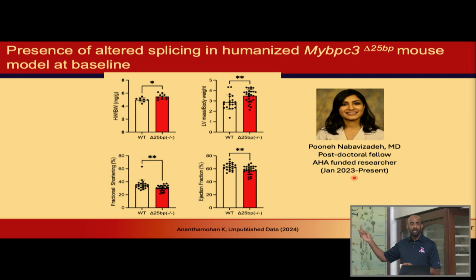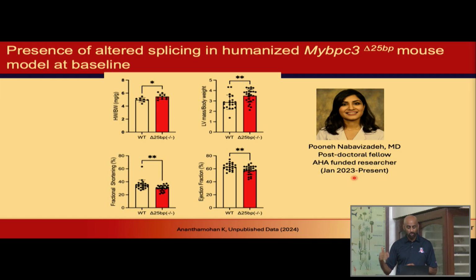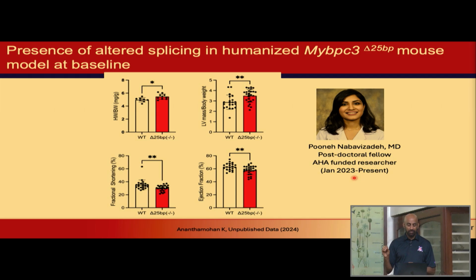They develop heart failure and show a hypertrophic phenotype. Whether you overexpress the mutation or introduce it as a knock-in, you can see a phenotype, meaning this is a genetic variant with pathogenesis.